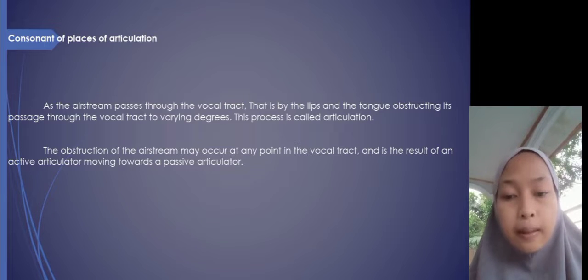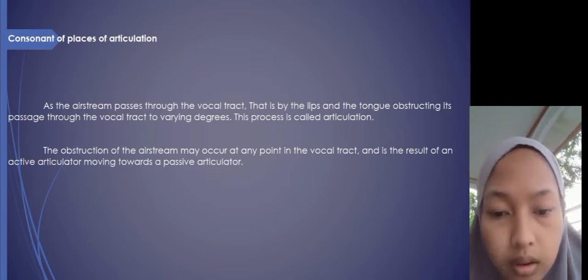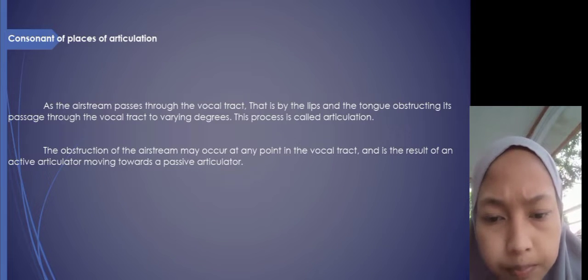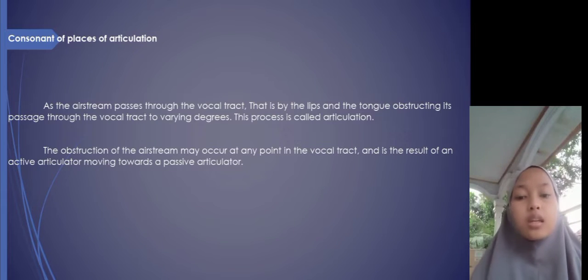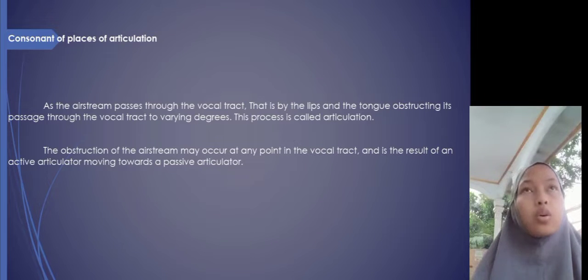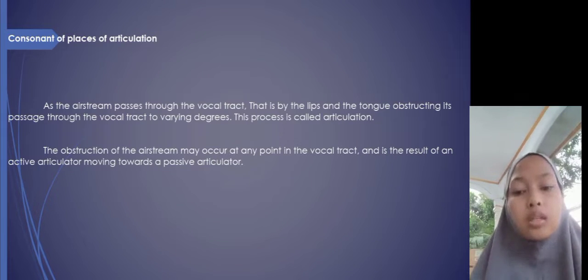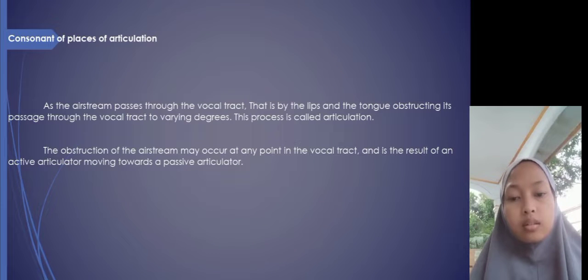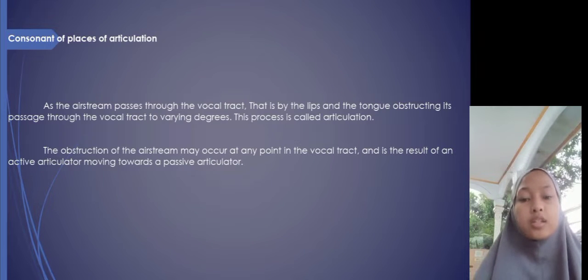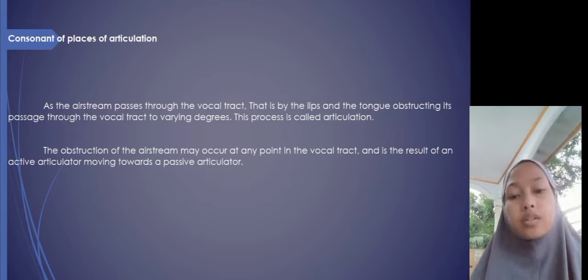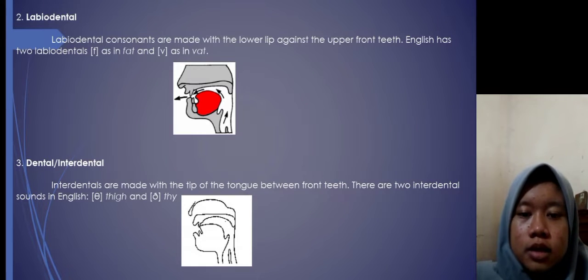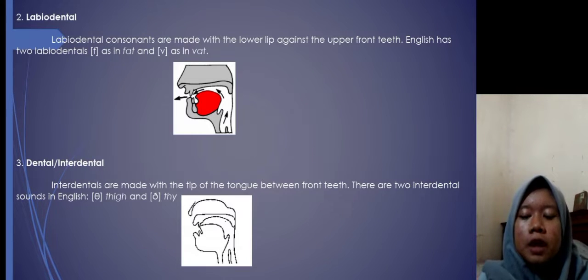The sixth is the airflow can go either through the oral cavity or the nasal cavity, depending on the sound. And the last is the air is modified by the articulators.